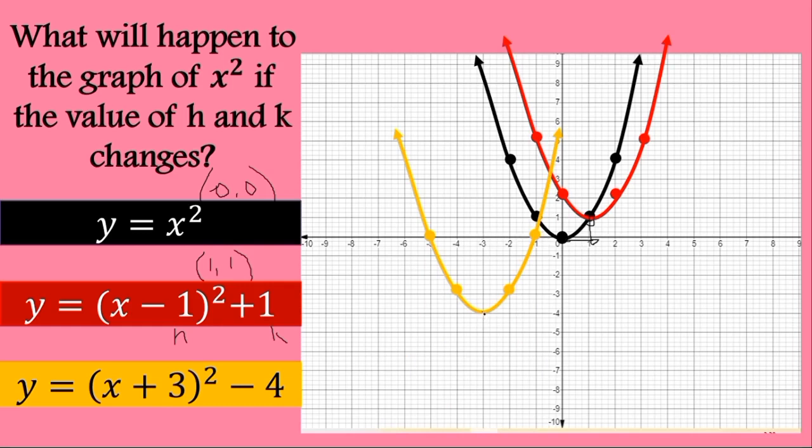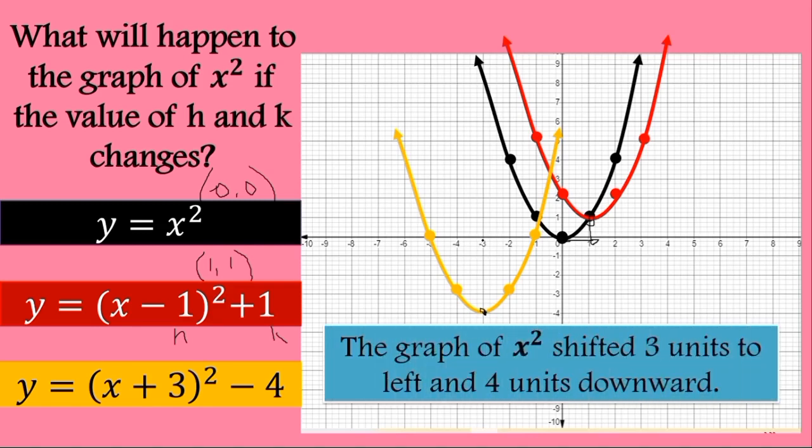If this is your vertex, you'll count 1, 2, 3: 3 units to the left, and then 1, 2, 3, 4: 4 units downward. So the parabola here shifted 3 units left and 4 units downward because the value of h, k is negative 3 and negative 4.